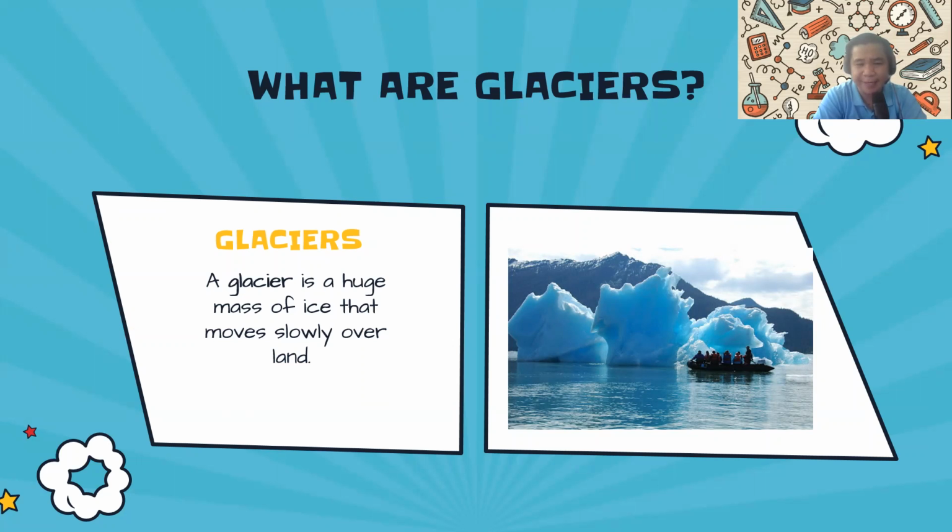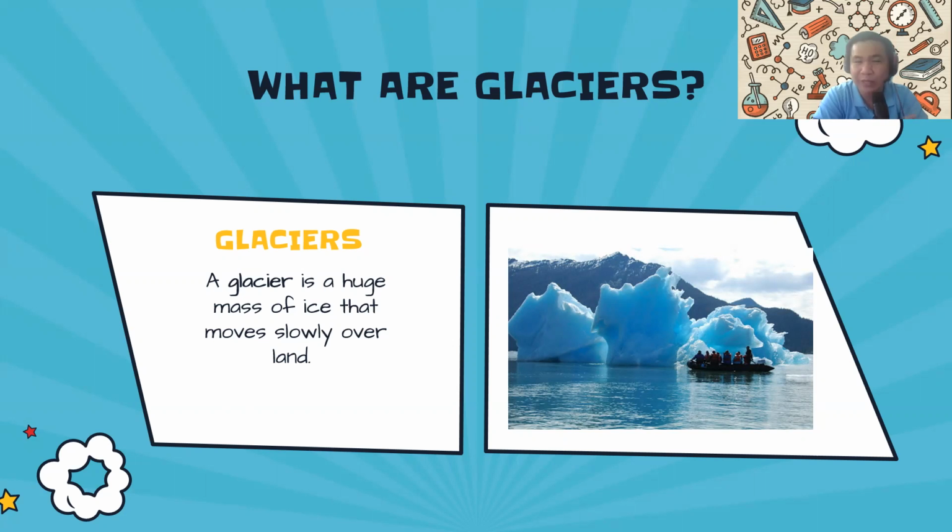And the sad thing is, because of global warming, you know what is global warming, right? It's when the temperature of the earth is slowly increasing one degree Celsius at a time. It causes some of the glaciers to melt. That means that the glacier, which is fresh water, will mix with the sea, which is salt water. So we can't drink salt water, remember? All because of global warming.